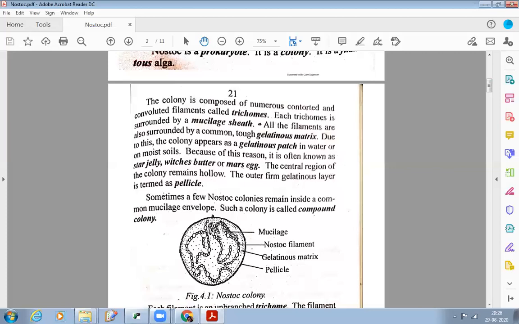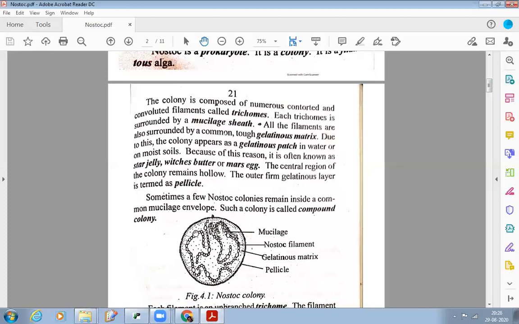Each individual thallus, each filament, looks like a hair-like structure. That is why the entire filament is known as a trichome. Each trichome is surrounded by a mucilaginous sheath. All the filaments are surrounded by a common tough gelatinous matrix.